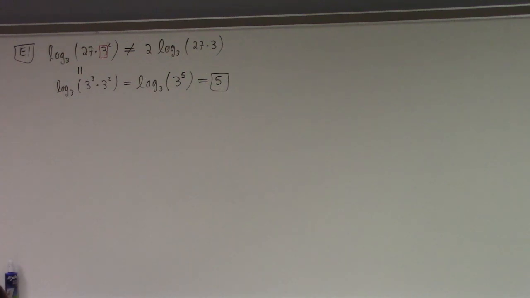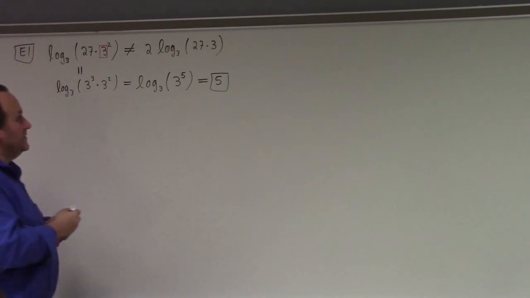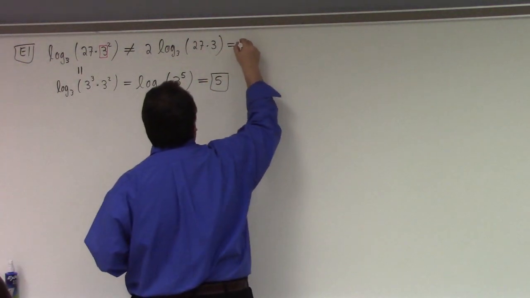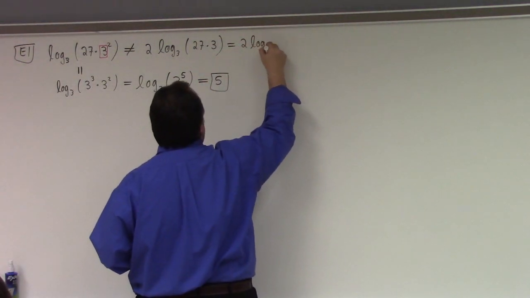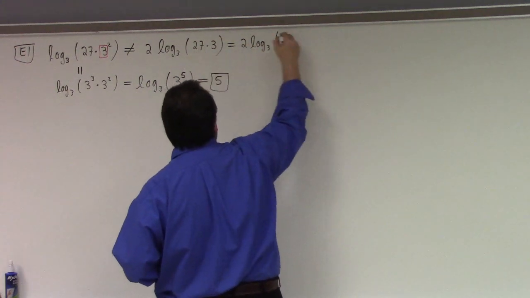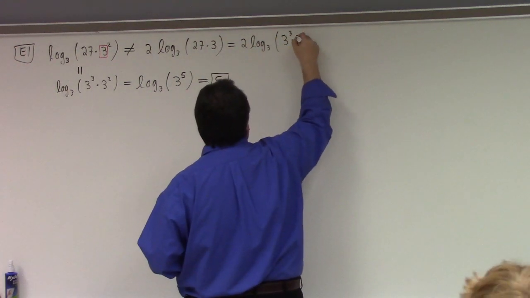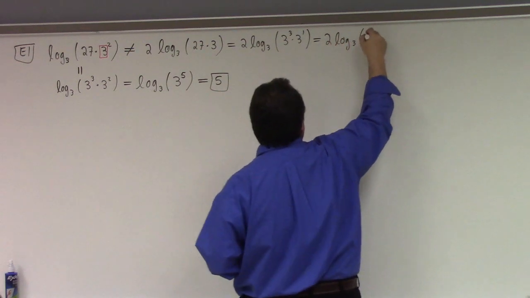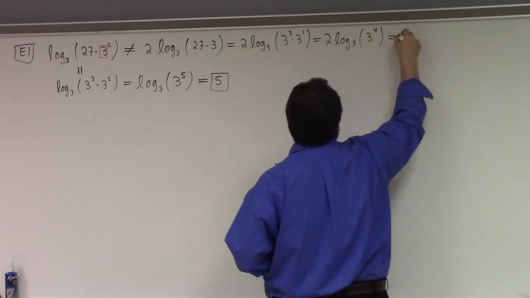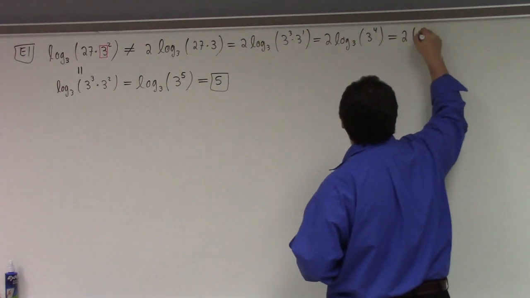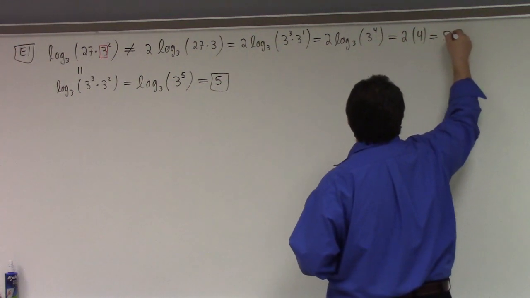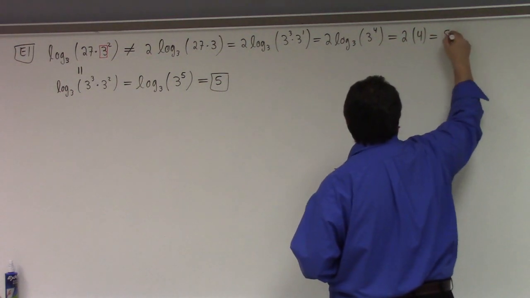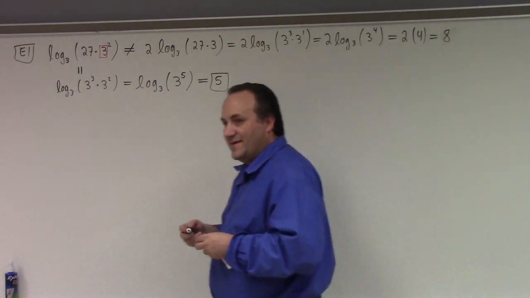So that's true. It is equal to 5. What would happen if we kept going on the thing that's on the top of the board? How would that work out? This would be 2 times log base 3 of 3 to the 3 times 3 to the 1. So we'd have 2 times the log base 3 of 3 to the 4, which would be 2 times 4, also known as 8, also known as not equal to 5, right?